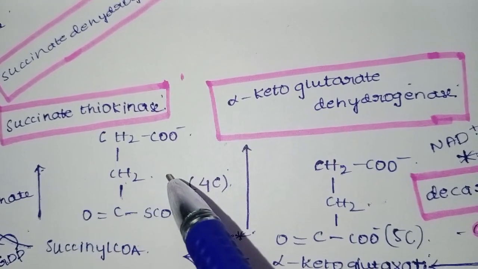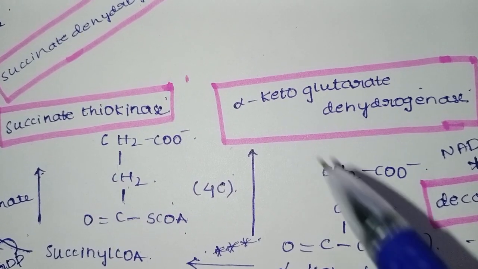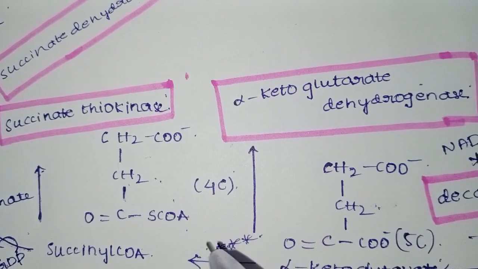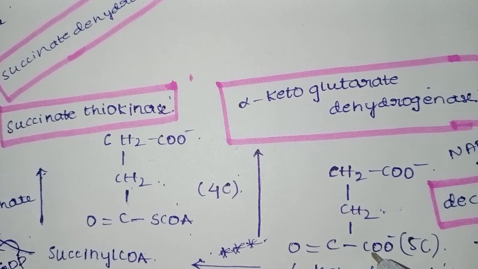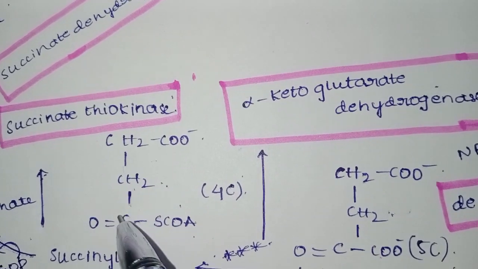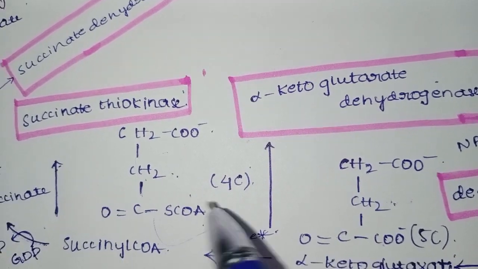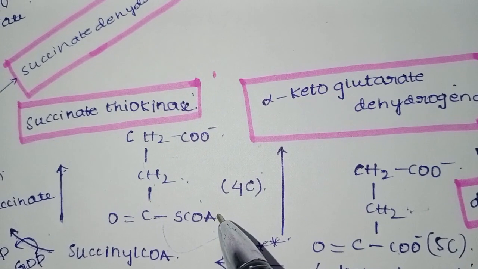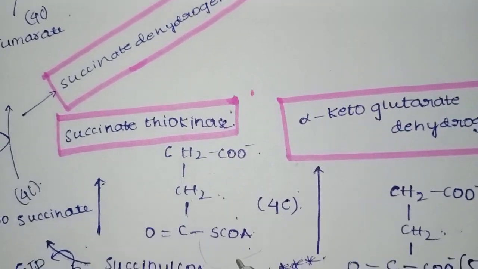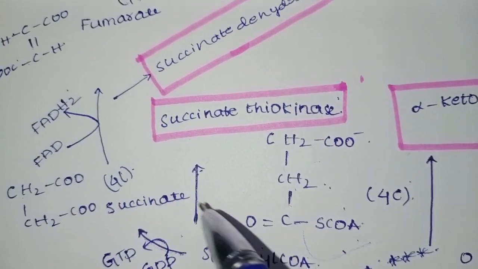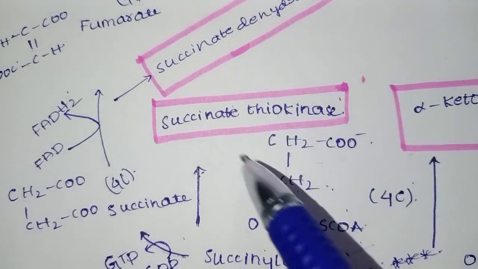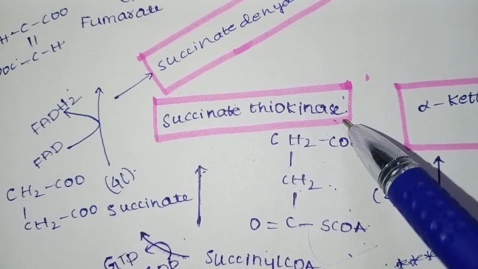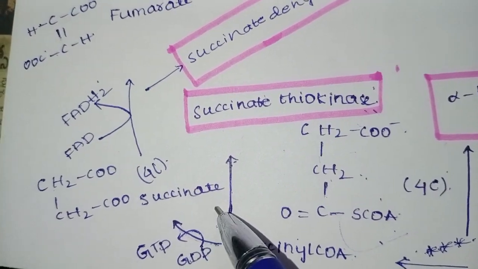So see here, before we remove the carbon here, and the same step, but here C double bond O is removed because there we need to replace the succinyl CoA. We have to replace the succinyl CoA. That's why SCoA. So this succinyl CoA, by using the succinate thiokinase enzyme, this is the thiokinase enzyme, it gets converted into the succinate.